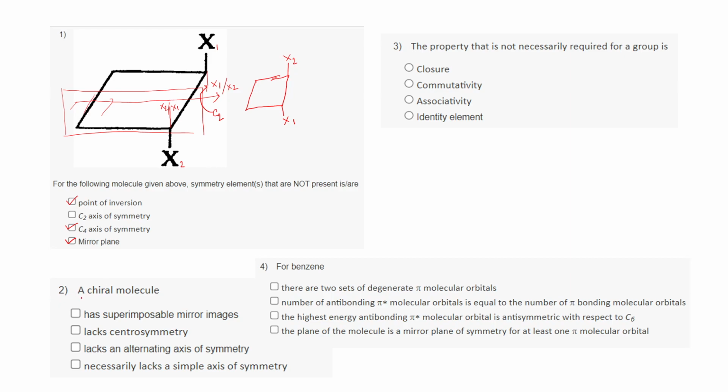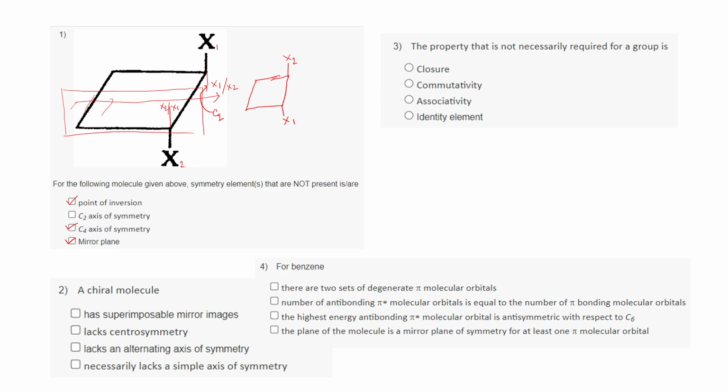Okay. So a chiral molecule. What is a chiral molecule? Can anyone tell me what a chiral molecule is? So the chiral molecule will be where the 4 parts can be different. Actually we learned it very early, but the actual definition is that it will have a non-superimposable mirror image, right?